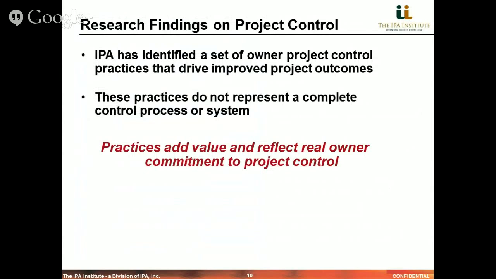But they are not meant to be a comprehensive, complete control process or system. What we have identified are practices that add value, and when we observe them in an organization or its system, reflect real owner commitment to project control.